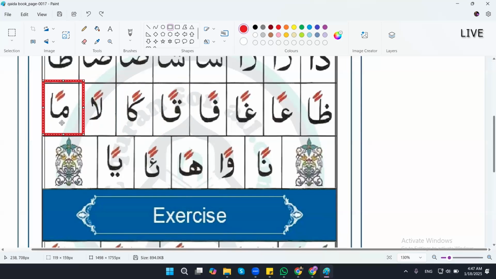This is wow. No, it's not wow. Wow never joins to any next letter. Oh, this is not fa. No. Fa was that one. When you were reading this letter, you read two wrong letters at that time. One was noon and what was the other one? Meem.